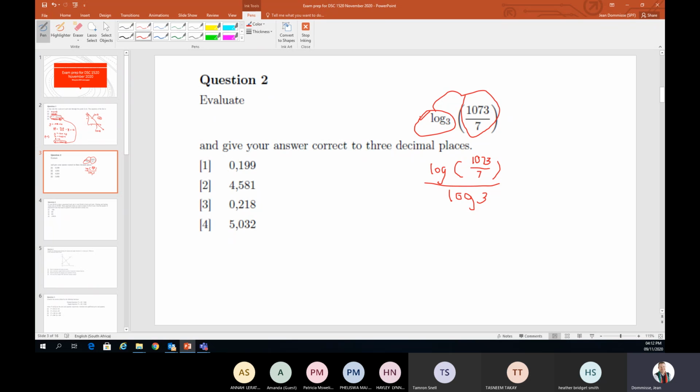So it is 1073 divided by 7, which gives me 153.2857. So if I take ln of that, yes, we'll share that app now on the group, as I basically use this app even for other stuff.